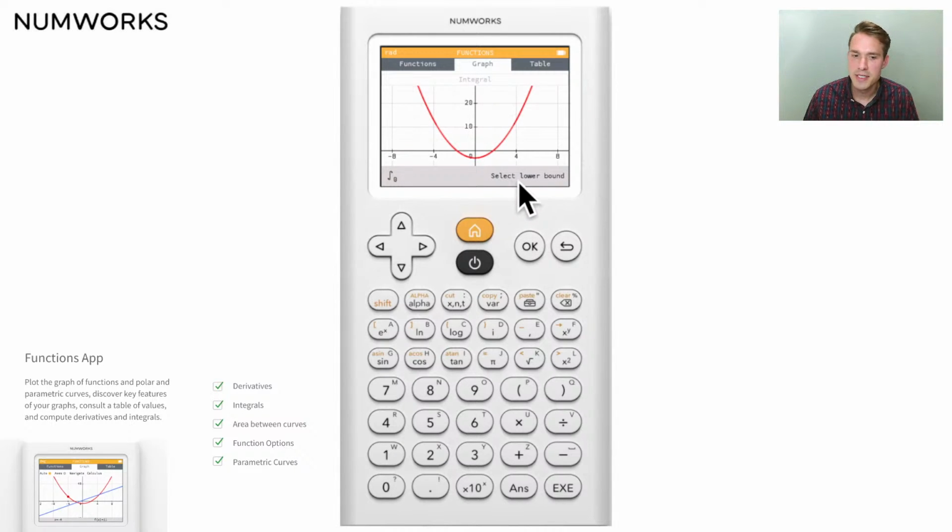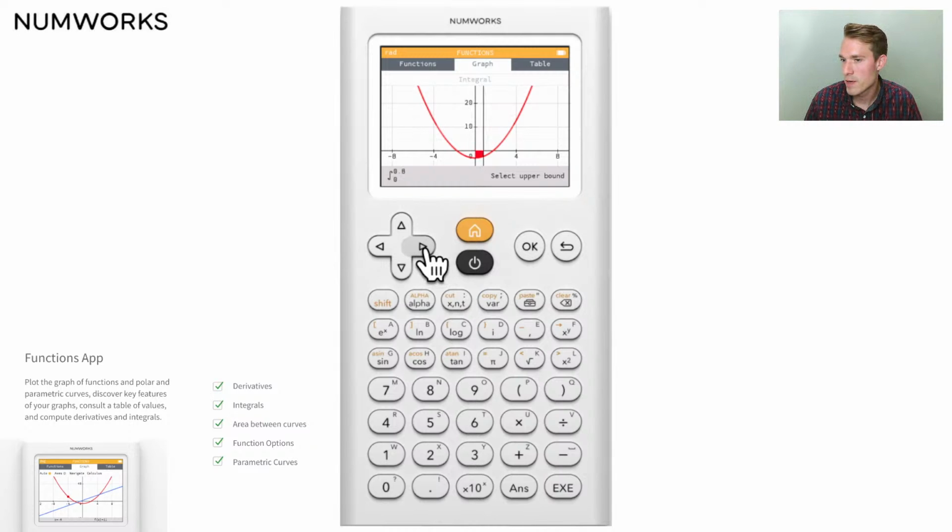The first thing I need to do is select my lower bound. So same function, let's do it from x equals 0 to x equals 4. The lower bound currently is 0. If I needed it to be something else, I can use my left key or my right key to pick an x value. I can also just type it in directly. So if I want the lower bound to be 0, I can just enter 0, hit enter, and I'm going to go to 4.